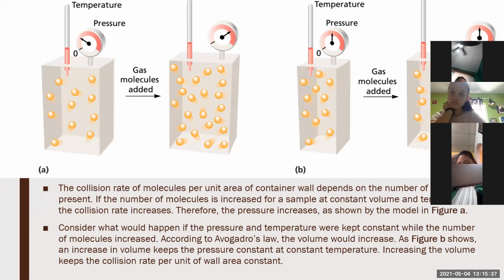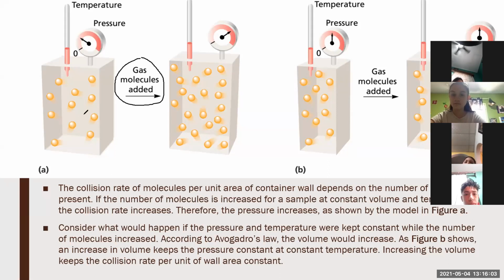The collision rate of molecules per unit area of container wall depends on the number of molecules that are present. This is kind of confusing to read, but when I tell you what's going on, you'll probably understand better. Take a look at what's going on here. I'm adding more gas into the container.